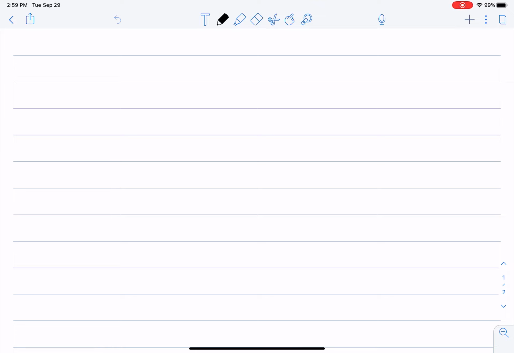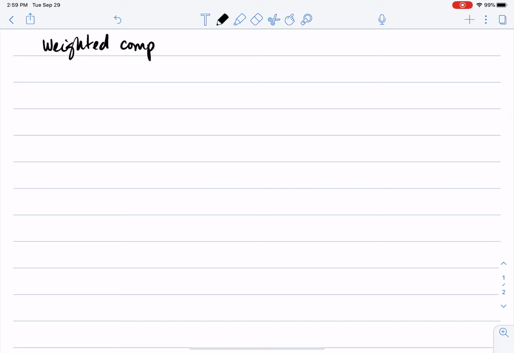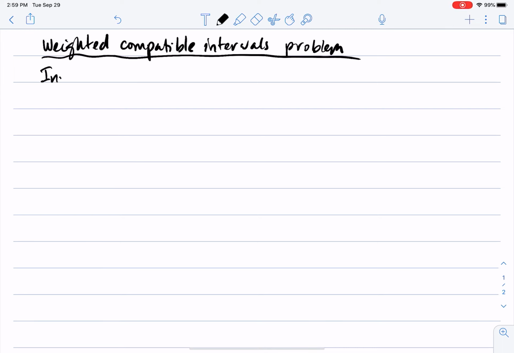So now we have a slightly different version of it, which is the weighted compatible intervals problem. So what is this problem here? The input is a set of weighted intervals.